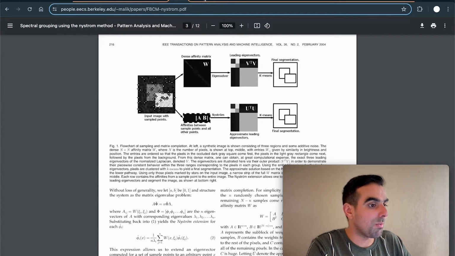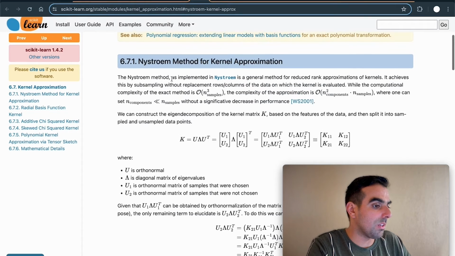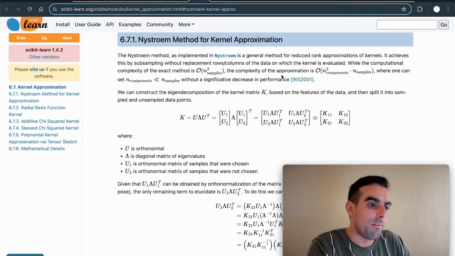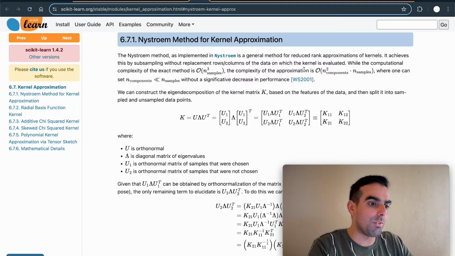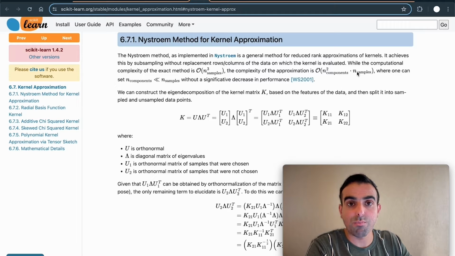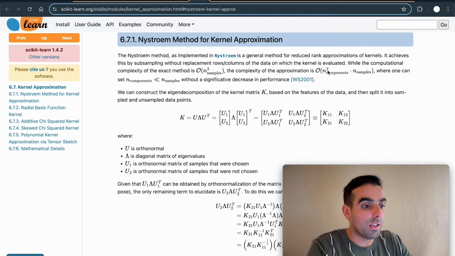I found a good explanation in the scikit-learn documentation. They say that while the computational complexity of the exact method is O(n cubed), where n is the number of points in the dataset, the complexity of the approximation is O(n_components). I found n_components and n_samples very confusing. So let's call n_samples n, which is the number of points in the dataset, and n_components, let's call it m, where m is much smaller than n.